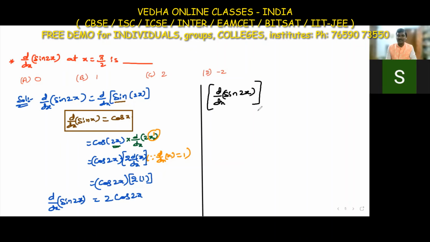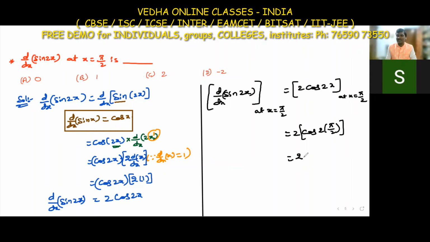at x equals pi by 2. At x equals pi by 2 means, in the answer we get, 2 cos 2x, we have to take x equals pi by 2. So 2 into cos of 2x, where x we write pi by 2.